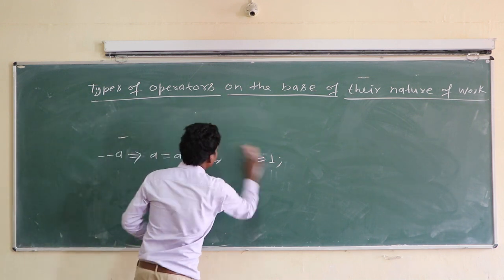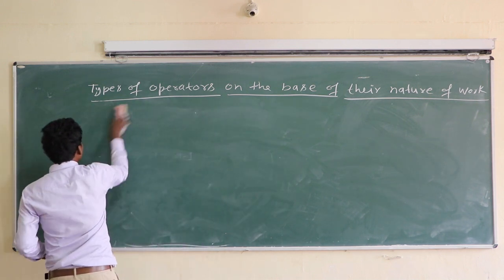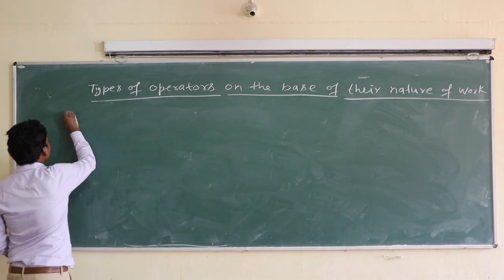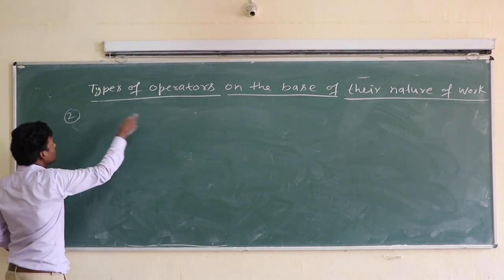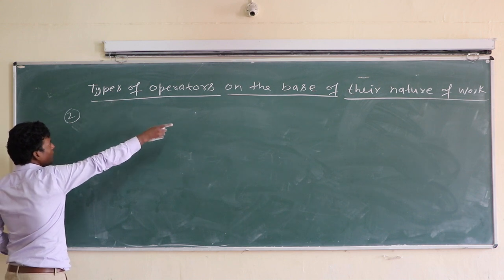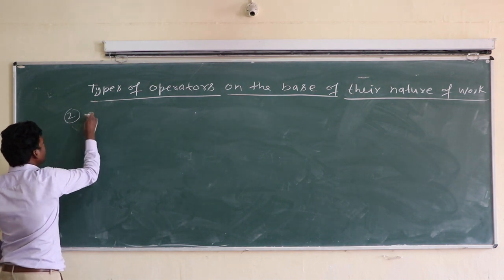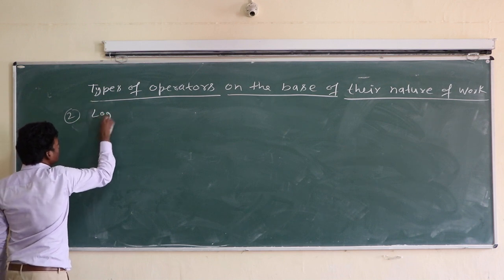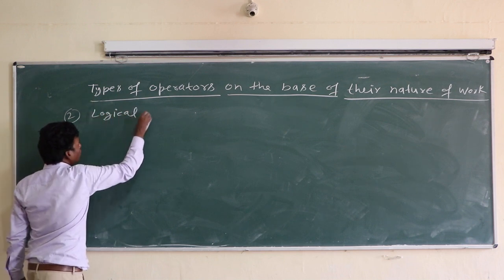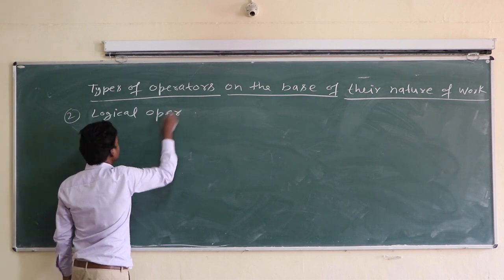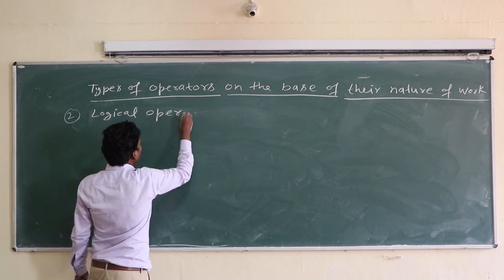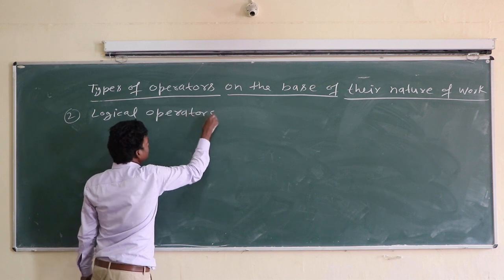So all these are the examples of arithmetic operators. Now, under this basis of classification, the second category is logical operators. First one is arithmetic operators, second one is logical operators.